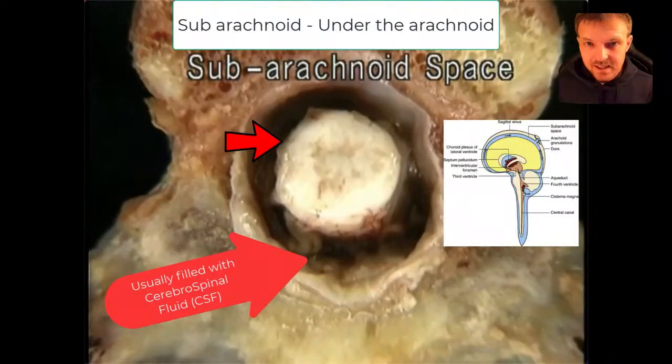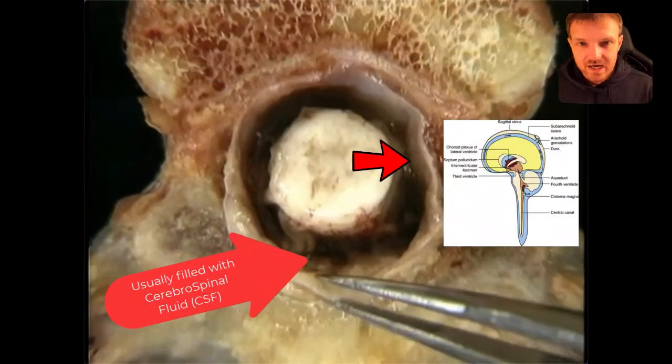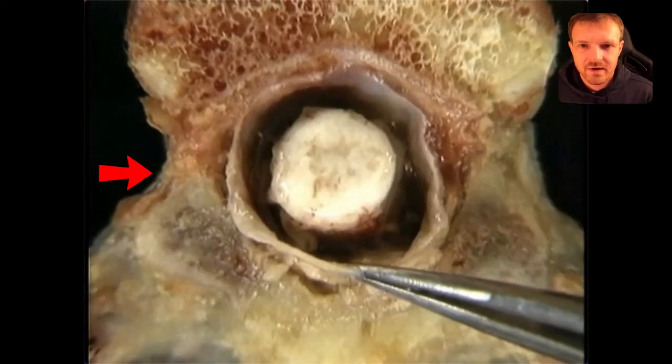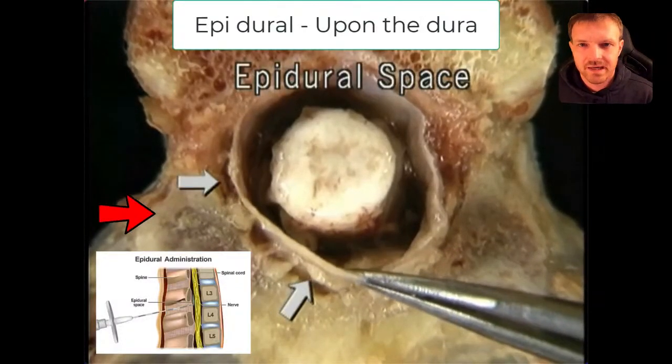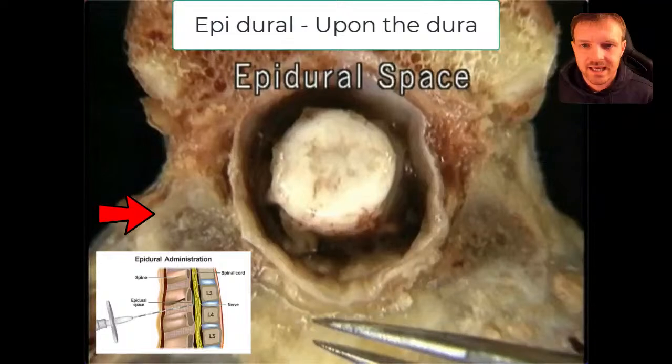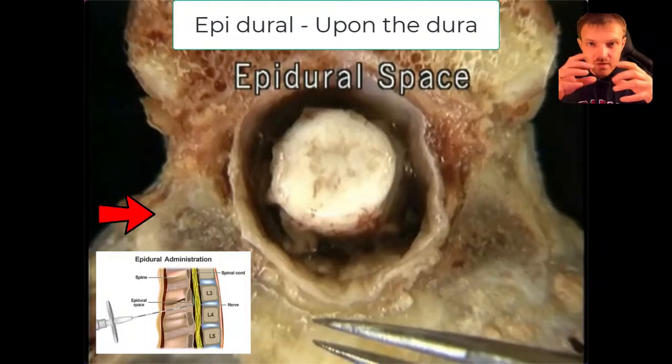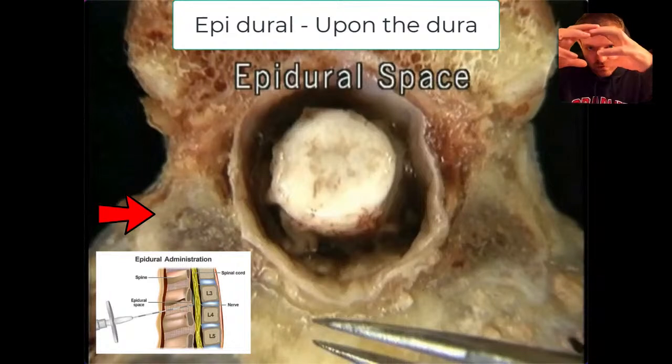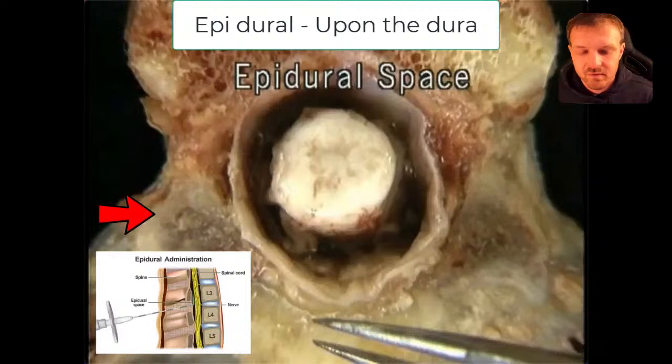So that's the subarachnoid space. And then those of you that have had children or lower back pain may have heard of this one. This is the epidural space. Epidural means upon the dura. Where the dural covering is around the outside, that's where they will go in for an epidural.